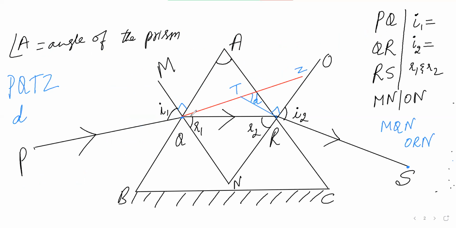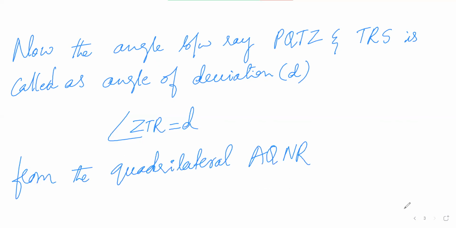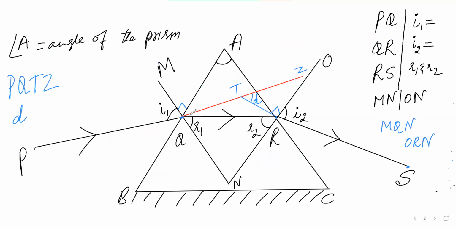If you add the 4 angles of the quadrilateral, what will you get? What is the sum of the 4 angles of the quadrilateral, boys? 360°. 360°, right?